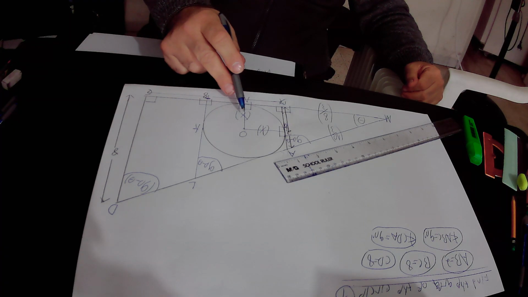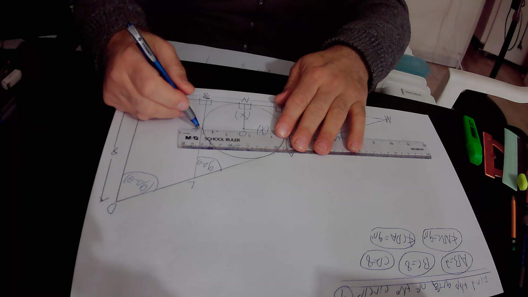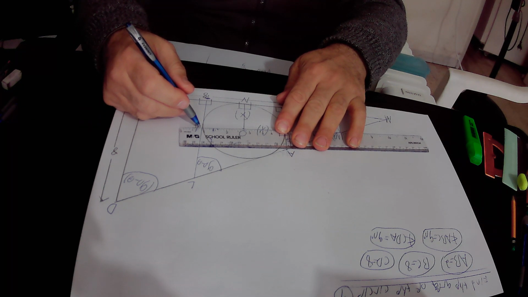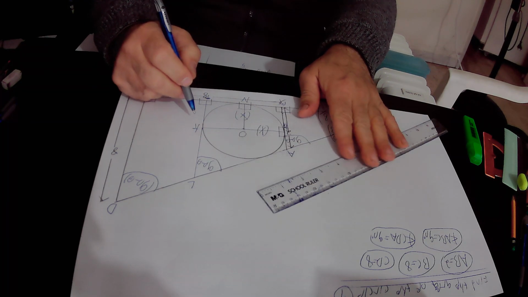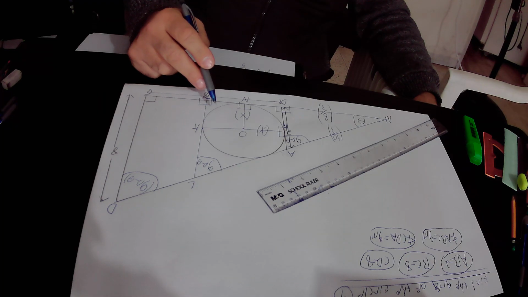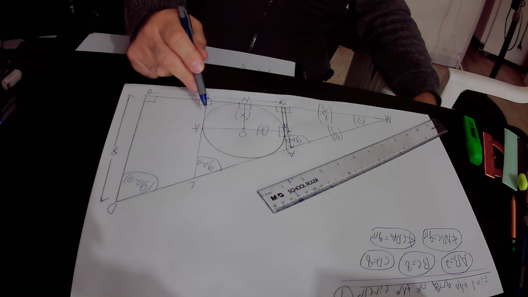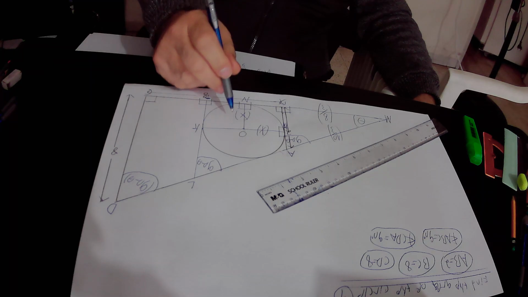Likewise, we join points O and K together by a straight line. Line segment KO is drawn. First of all, line segment KO is the radius of this circle and is equal to x.